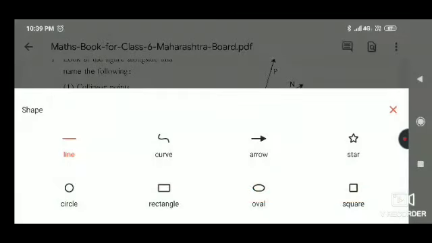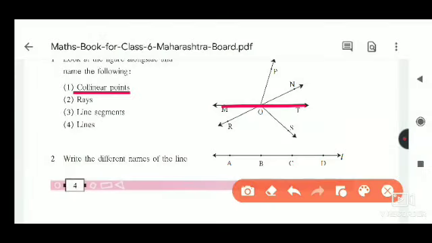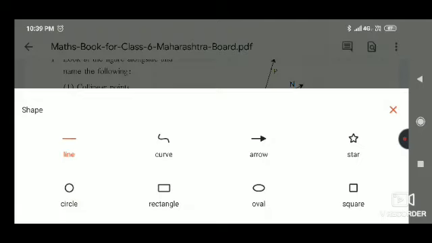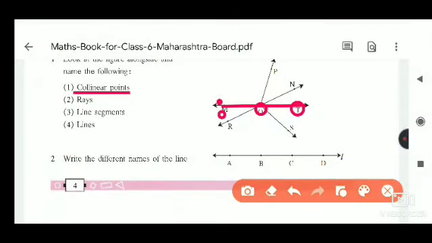So these points, that is point M, point O, then point T, these 3 points are the collinear points. Afterwards, if you see these points R, O, N, they are also collinear points.